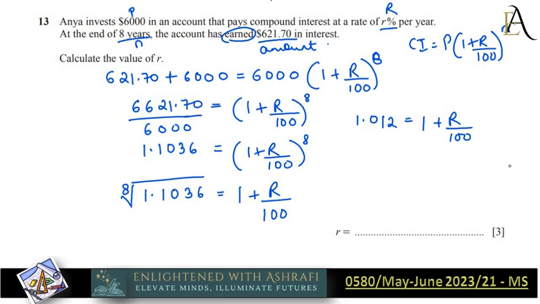Let's shift this 1 to the other side, so it becomes 0.012 equals R upon 100. Let's shift 100 to the other side, so we get 100 multiplied by 0.012, that is equal to R. R is equal to 1.2%.